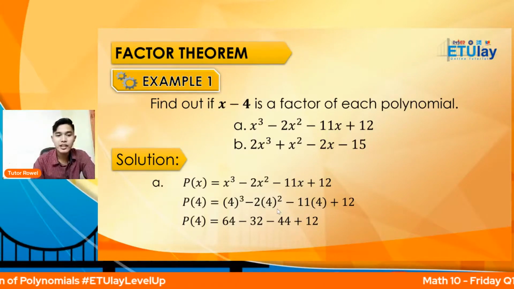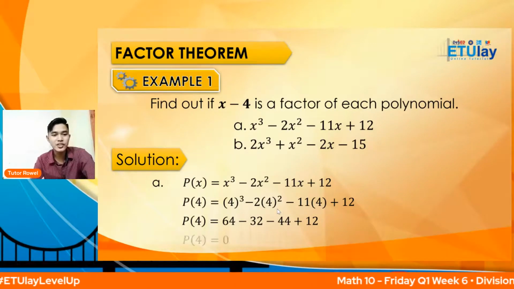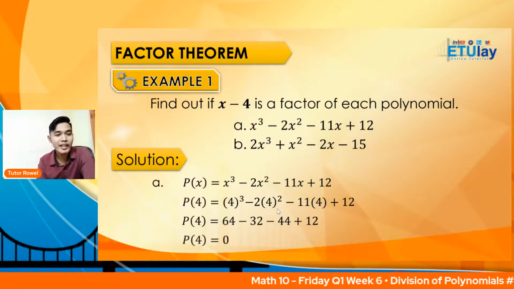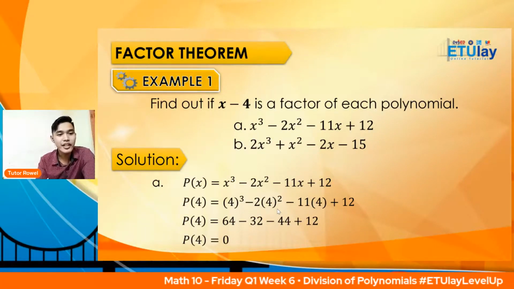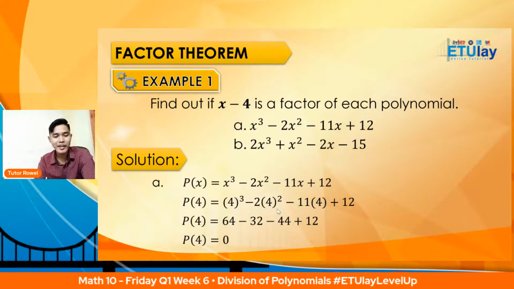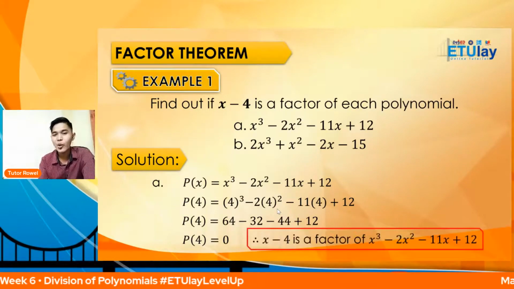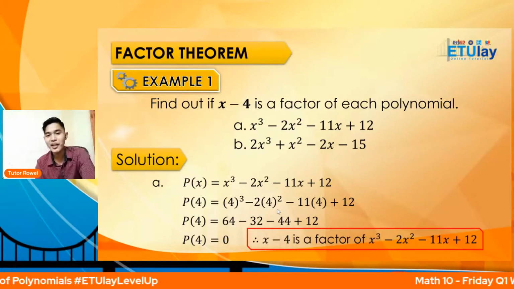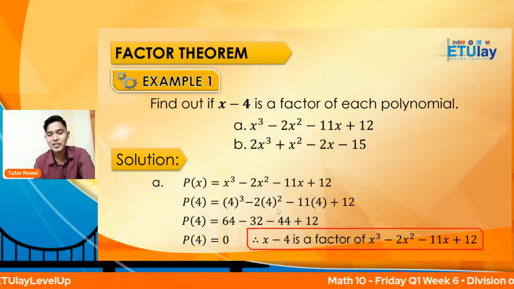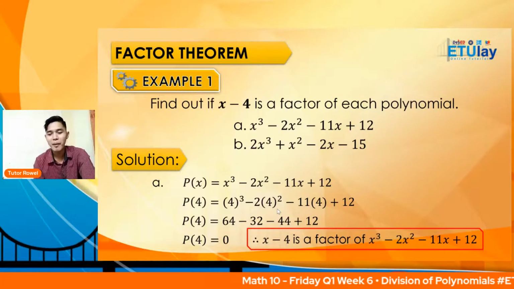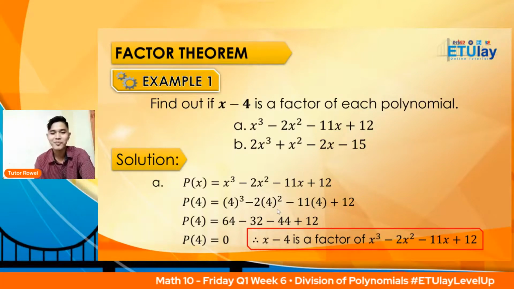Now, kapag gagamit yung calculator, so P of 4 is 0. Very good, Hanilyn, Rainiel, and Ina. So, our remainder is 0. Kapag ang remainder ay 0, therefore, we can say that x minus 4 is a factor of x cubed minus 2x squared minus 11x plus 12.